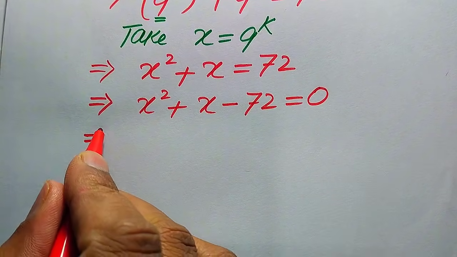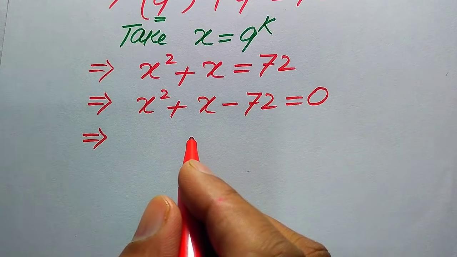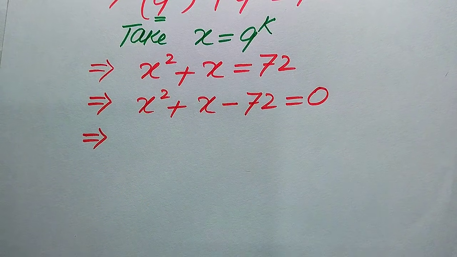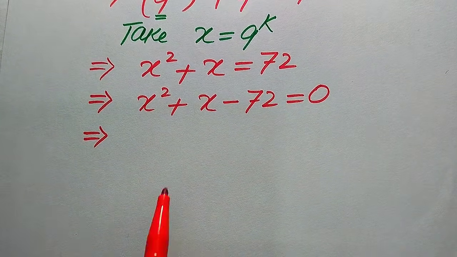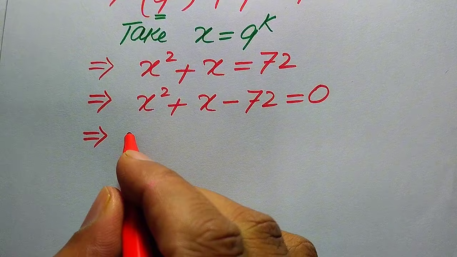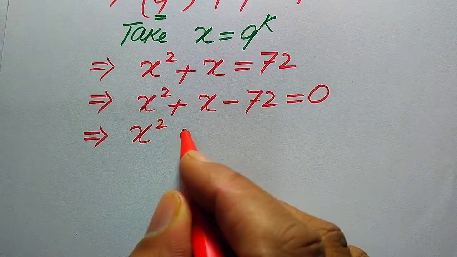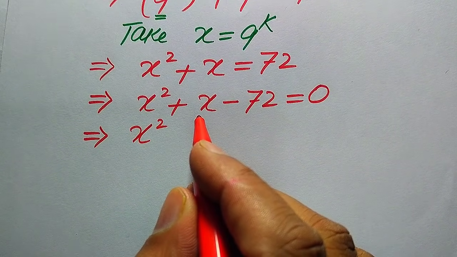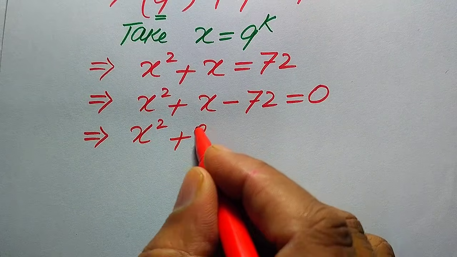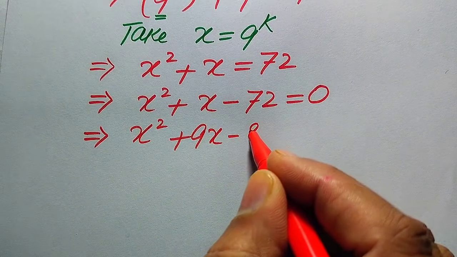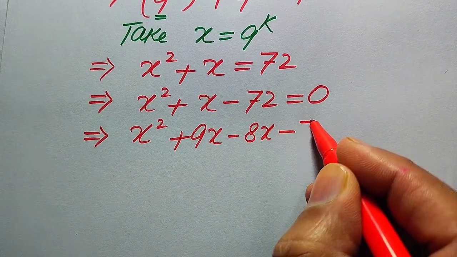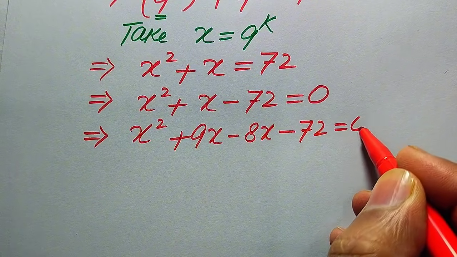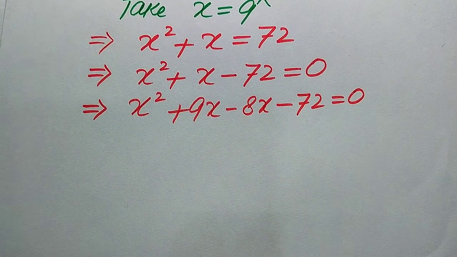In the next step we make the factors of this equation, and here we break its middle term, writing this plus x in the form of 9x minus 8x, minus 72, and this whole equation is equal to 0.